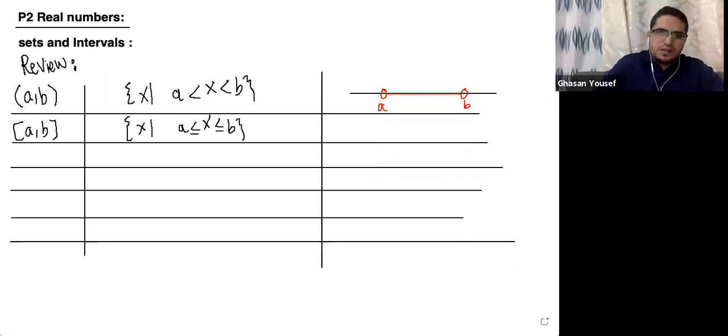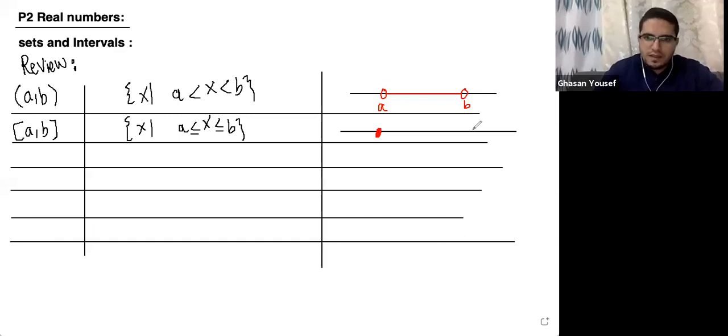So I can graph it the same way, with a closed circle at A, not a ball but a closed circle, and a line connecting A and B.